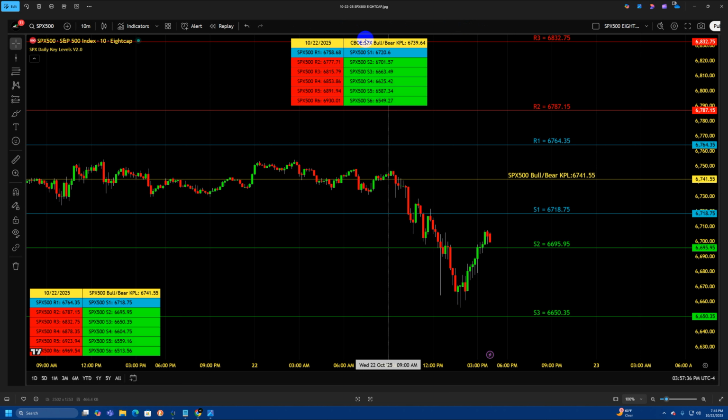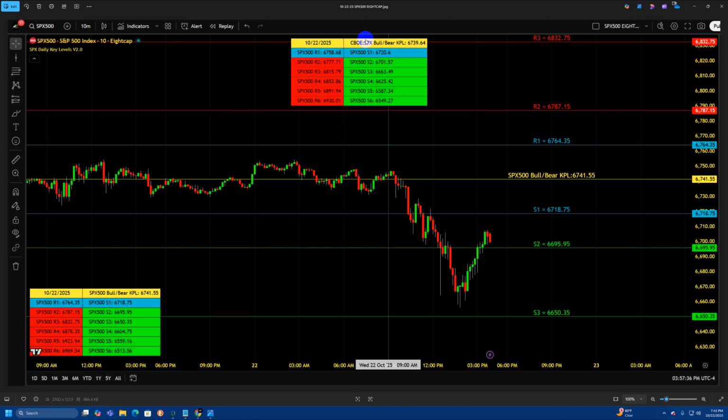The reason for this is because in TradingView PineScript, even if your indicator already knows the levels that it's going to plot before the market opens, such as in the case with CBOE, this indicator knows the levels at 9 a.m., but it cannot plot them on the CBOE SPX chart until the first tick at 9:30.